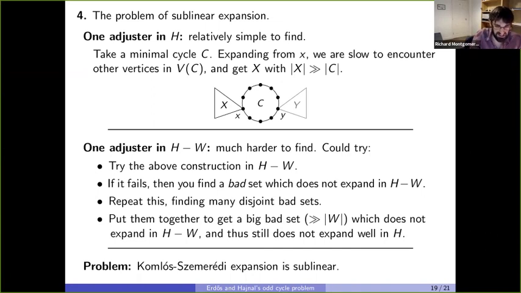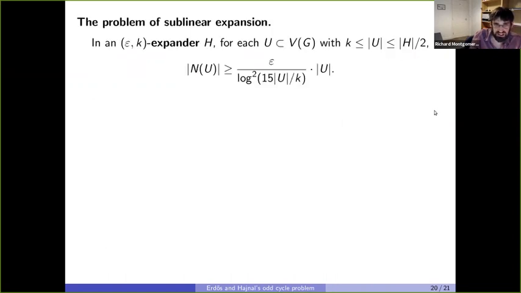But whenever I put them together, they still qualify as expanding within the bigger set. In particular, I've repeated this requirement for expansion again, to remind you that this function is decreasing as the size of U increases.